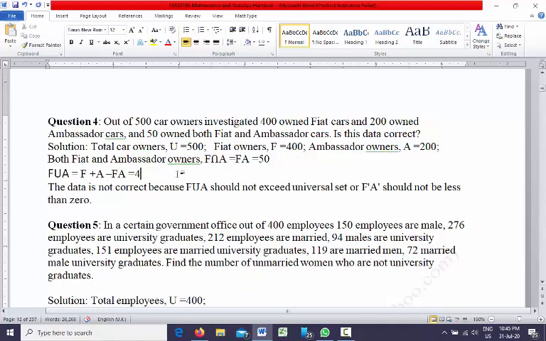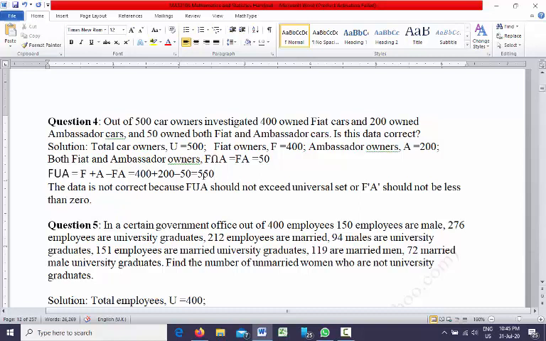F is equal to 400 plus A is equal to 200 minus FA, which is 50. So 400 plus 200 is 600, minus 50 is equal to 550.